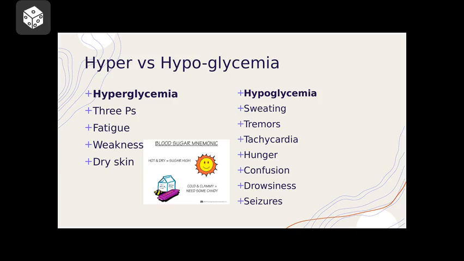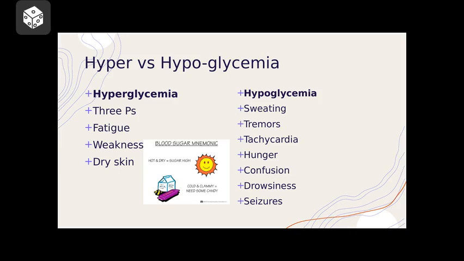Our signs of hyperglycemia. Remember, we've got the 3 Ps: polyuria, polyphagia, polydipsia. So urinating a lot, eating a lot, drinking a lot. You might also see fatigue, weakness, and dry skin. We always say hot and dry, sugar's high. Next, we've got hypoglycemia.